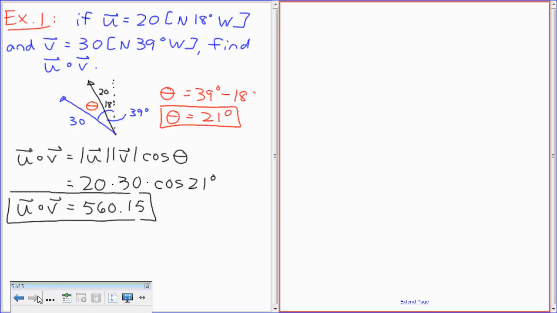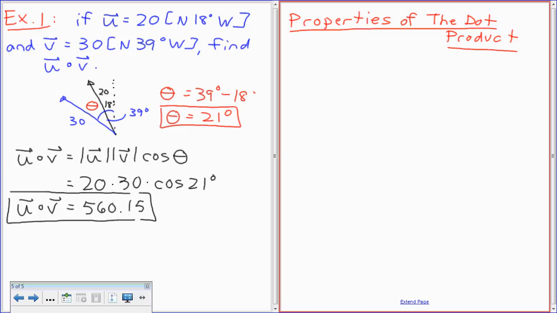All right, properties of the dot product. Okay, if those two vectors are at a right angle, what's the horizontal component of U going to be in this case?